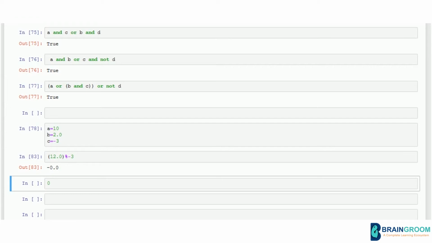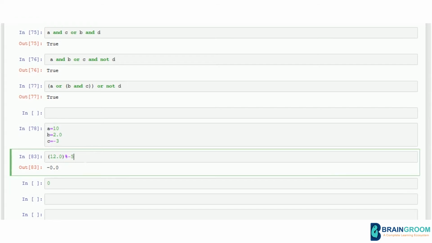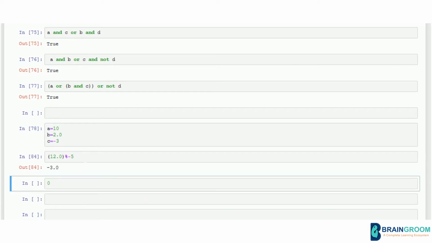And since it is float mod int, as I said, float and int will give you a float, so it shows it as minus 0.0. So what if it had been some other number, say 5? In that case 12 mod 5, when you divide 12 by 5, the remainder is 2, right? So the answer will be minus, sorry.